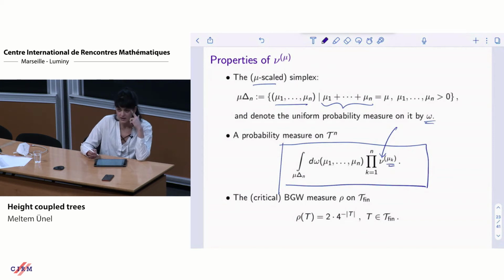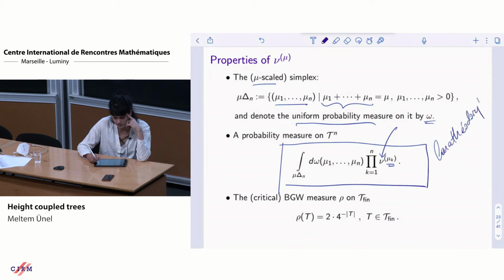But these mu_k's are now governed by the law of this uniform probability measure on the simplex. And this is a probability measure on T_n. It's not a priori true that this is a probability measure on T_n, but it can be shown by a simple application of the Carathéodory extension theorem.